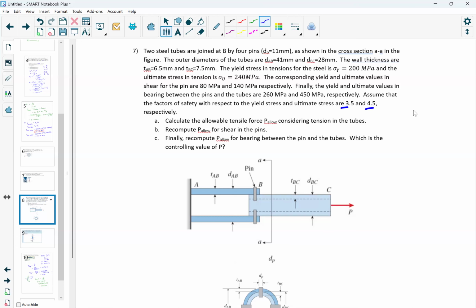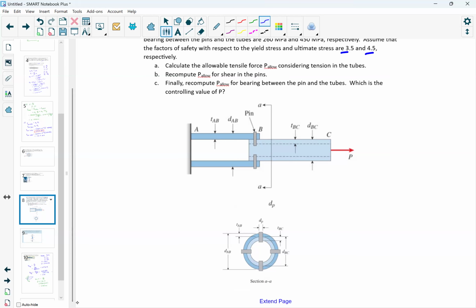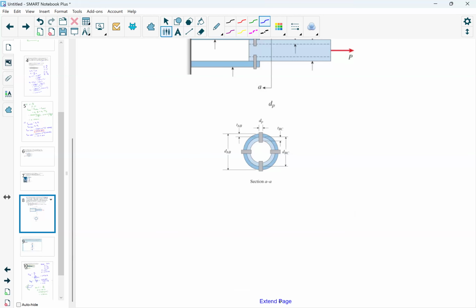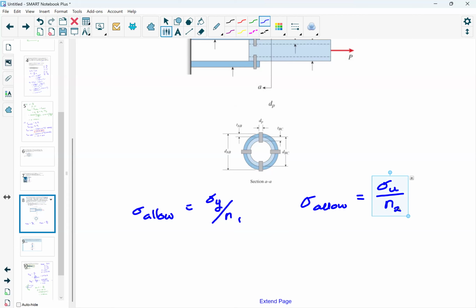If you look at your equation sheet, which, if you arrived late, needs to be adjusted because of the last couple of problems, these are coming off the equation sheet. Sigma allowed is the yield over N1. And sigma allowed is then going to be the ultimate over N2, the second safety factor.